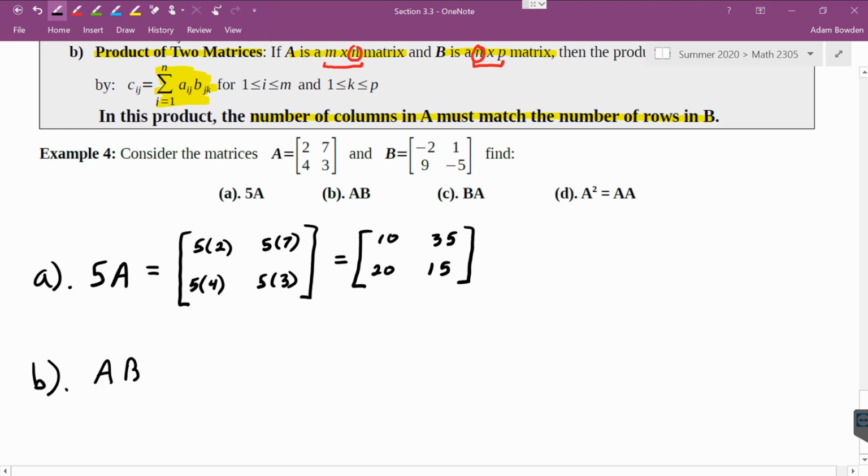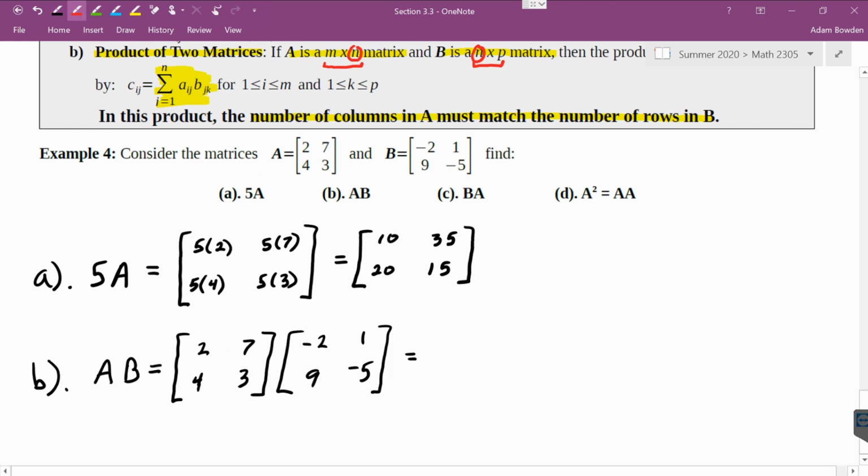Now if we multiply two matrices together like A and B, let's write them out here so we can go through the steps. So the way I'm going to do this here is I'm going to take the first row of A and I'm going to multiply each column of B by this. I'm going to add together the numbers as I go. So first thing I'm going to do is multiply 2 times negative 2.